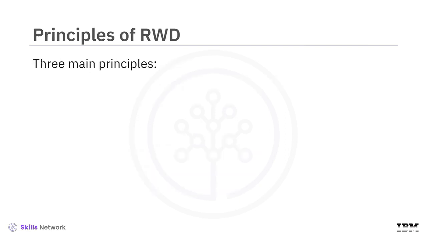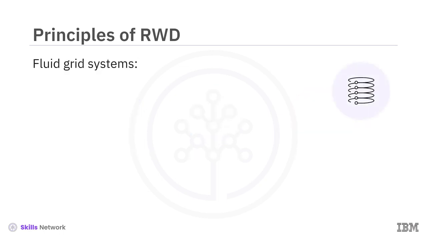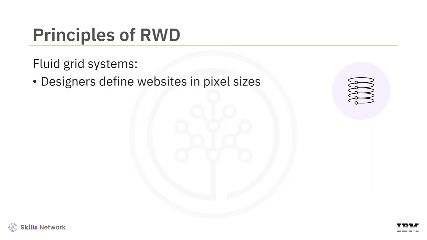3 main principles drive responsive design. Other guides might apply to specific designs, but these 3 apply to all responsive sites. These are fluid grid systems, fluid images, media queries. Publishers use absolute measurement in print media to establish the size of what to display, whereas web designers define websites in pixel sizes.